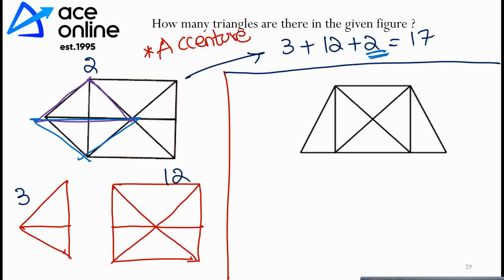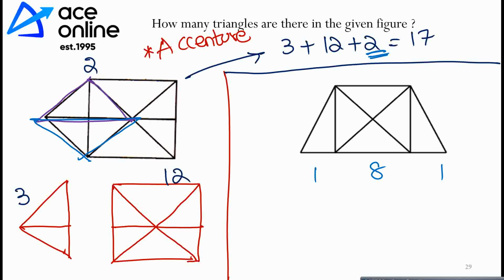And again, some people have a wrong perception like, sir, whenever there is a common side, put 2 extra. To avoid that wrong perception, I give another question on the right side. Here a common side is there, but don't directly put 2, sir. It's not a rule. Here, this is 1, this is 8, this is 1 separately.